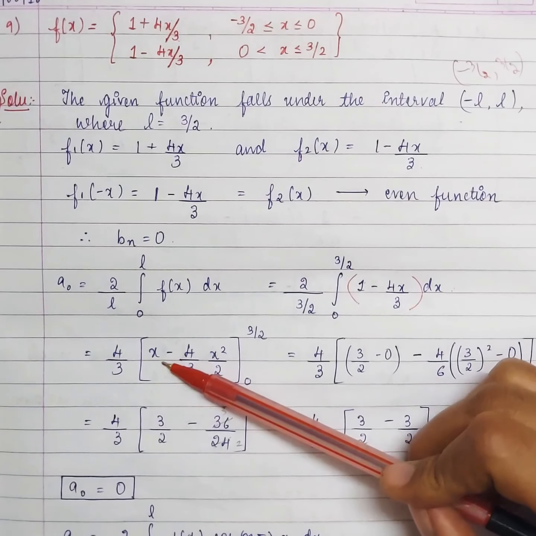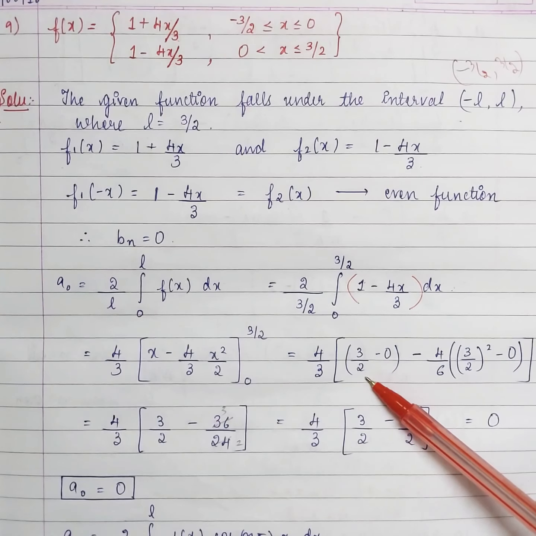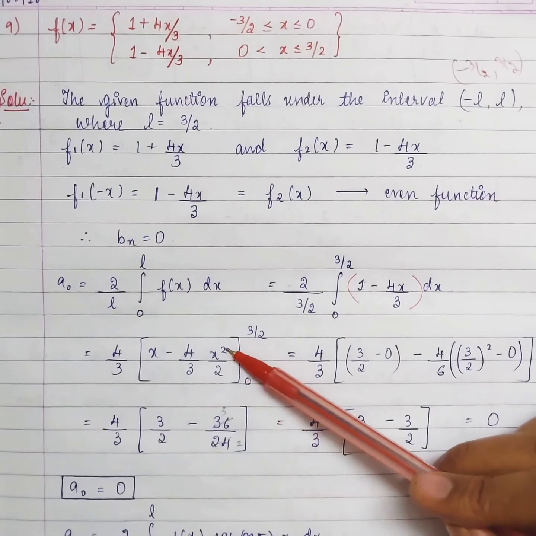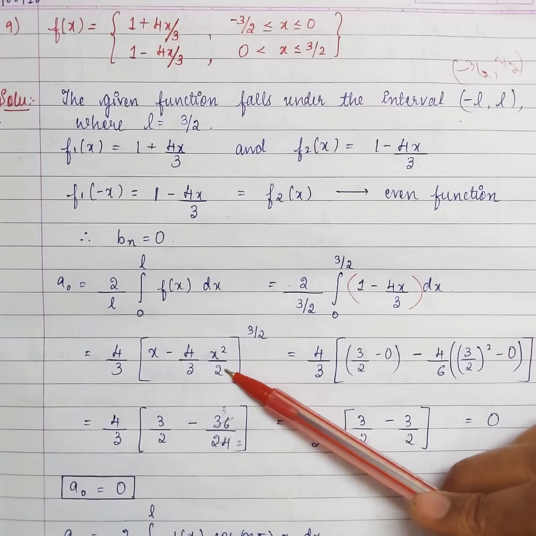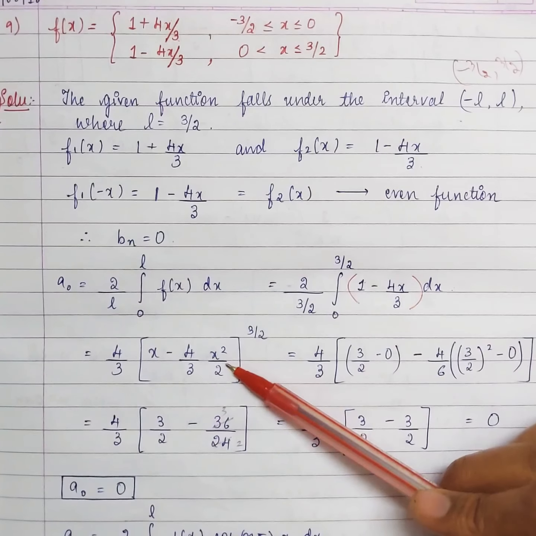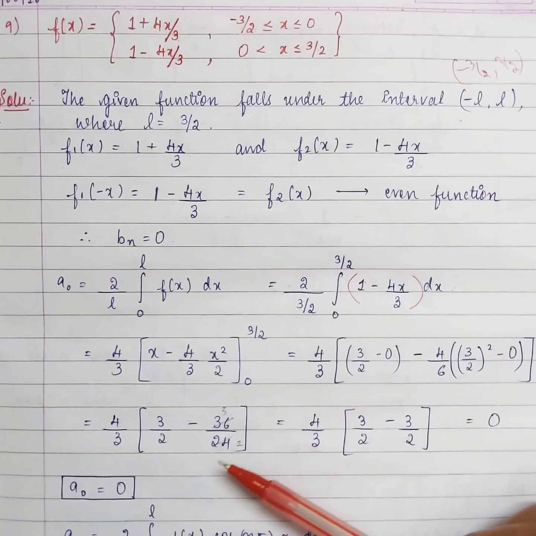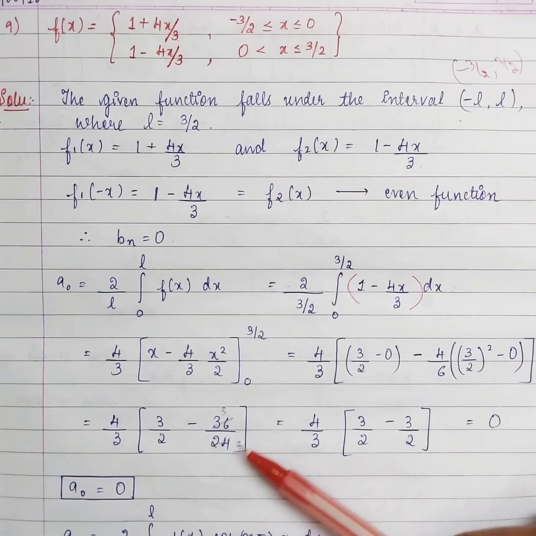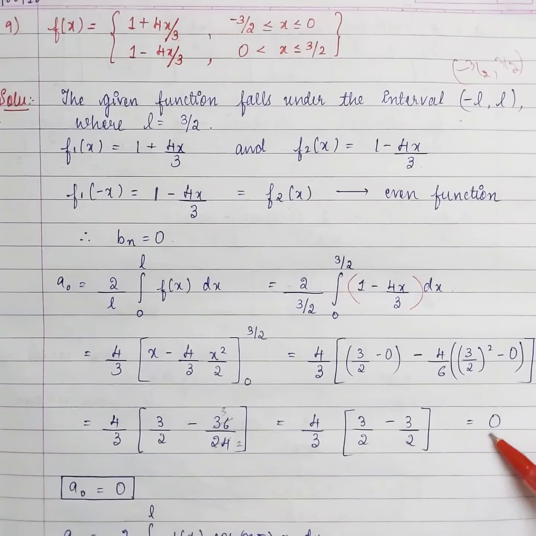If I substitute x as 3 by 2, I'll get 3 by 2 minus 4 by 3 into x square by 2, where x square is 3 by 2 the whole square. We have just substituted the same thing. Now after taking LCM and simplification, we got a naught as 0.